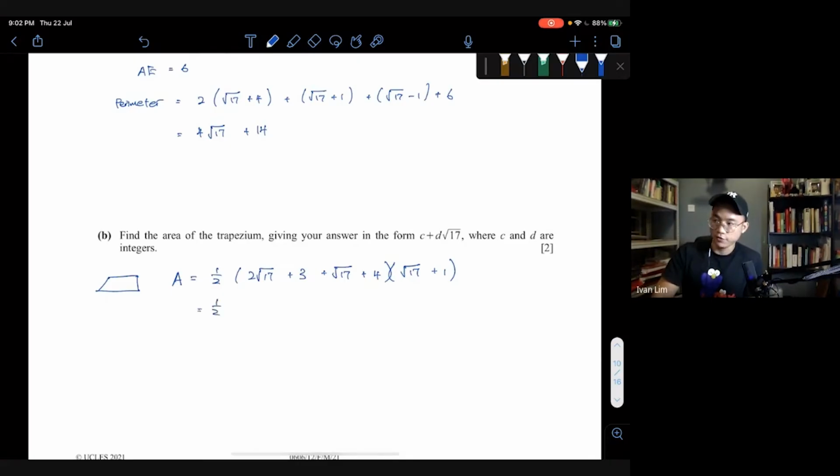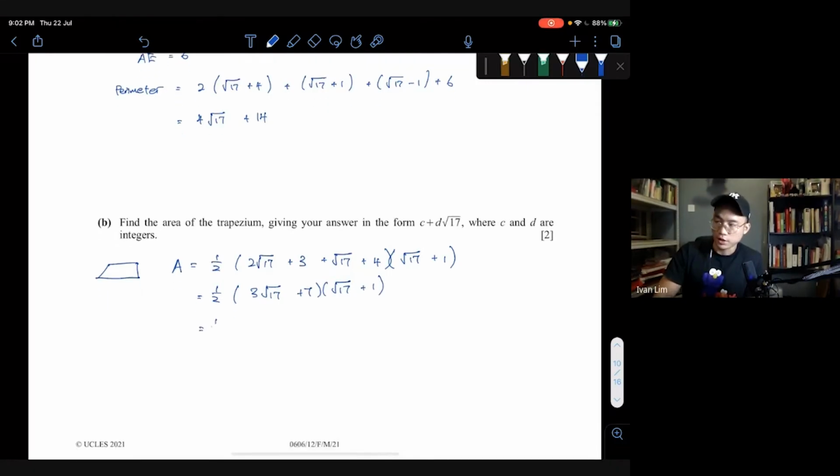Okay, then half times (3 root 17 plus 7) times (root 17 plus 1). You get half of 51 plus 3 root 17 plus 7 root 17 plus 7.